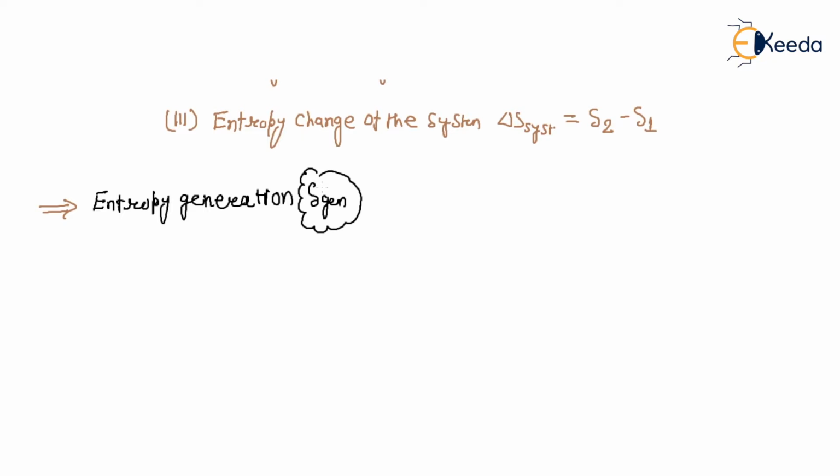Heat transfer through a finite temperature difference is an irreversible process, while heat transfer through an infinitesimal temperature difference is a reversible process.